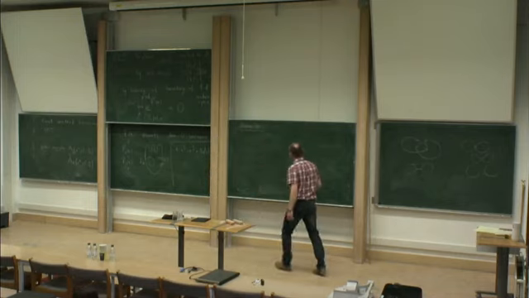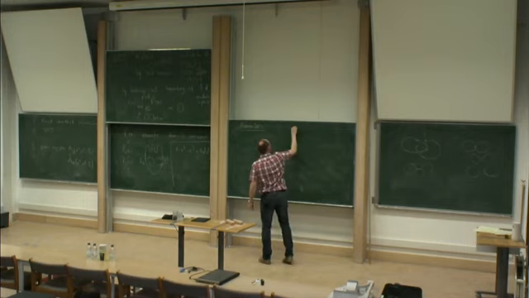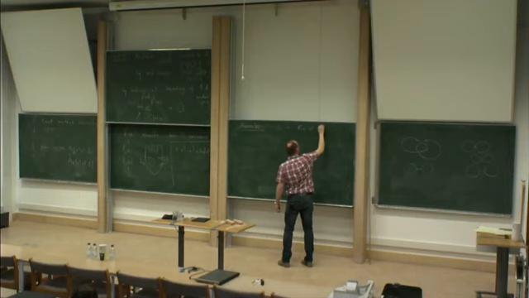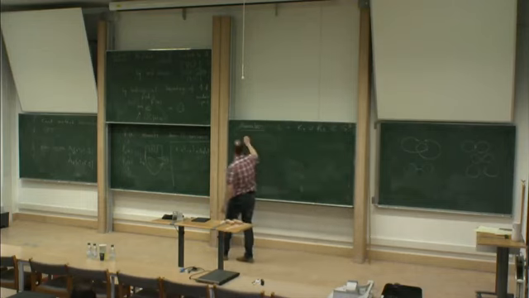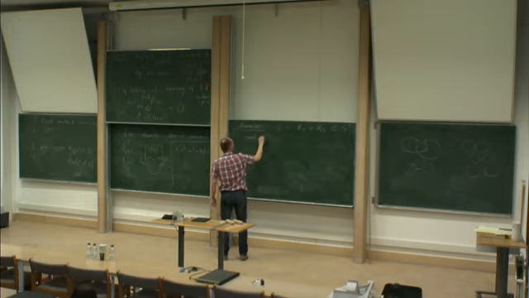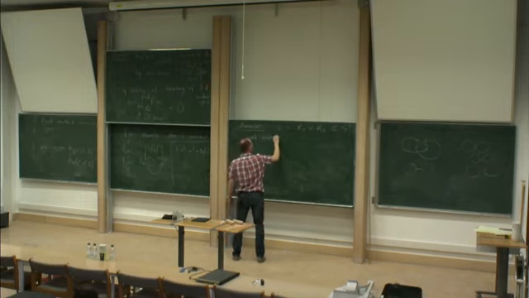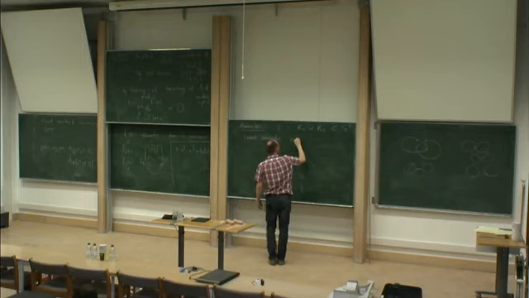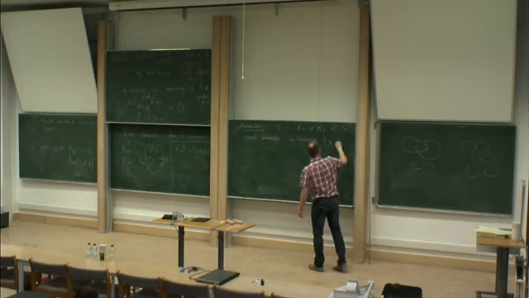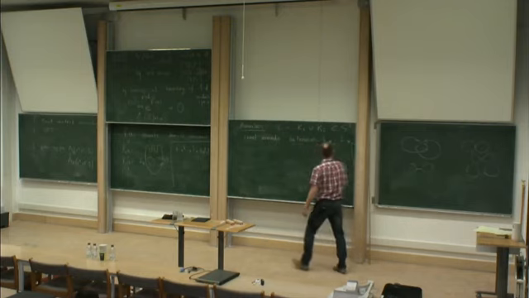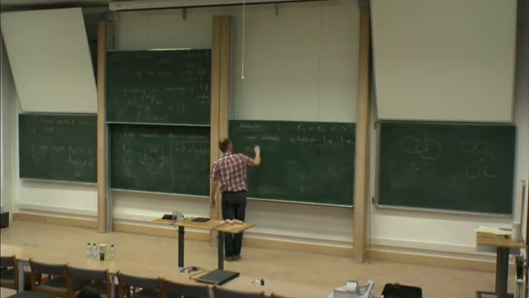So let's take a link L, equal to K1 union K2 in S3. And now we want to count annuli between L_K1 and L_K2 in X.